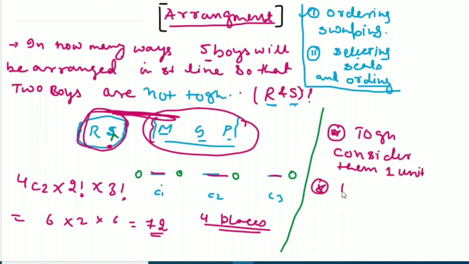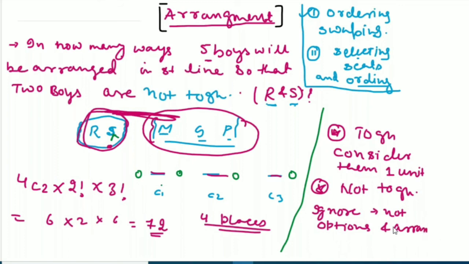In note number 2, the not together case, what we will do is ignore whichever are not together and arrange the things which do not have any dependency.